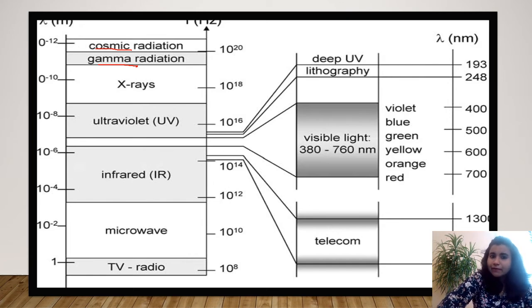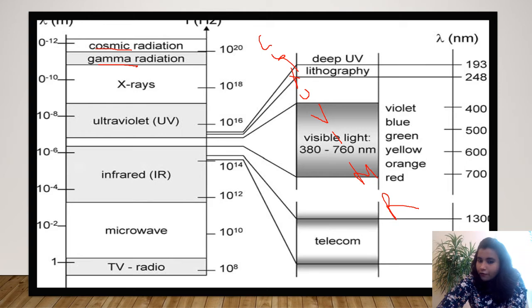So if we simply say: cosmic, gamma, X-rays, ultraviolet, visible, infrared, microwave, and radio wave. This is a series of energy, arranged from highest energy to lowest energy, right?